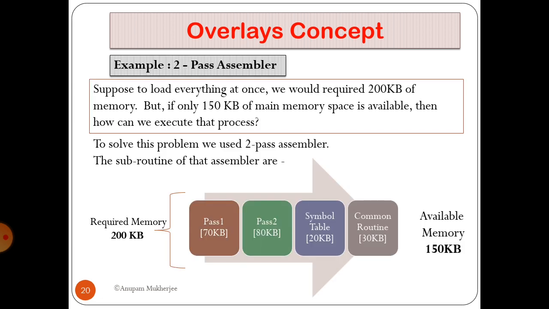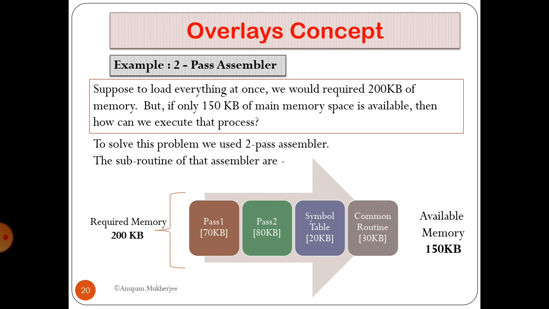I'll give a simple example of overlays using a two-pass assembler. Suppose to load everything at once, we would require 200 KB of memory space. But if only 150 KB of memory space is available, then how can we execute that process?